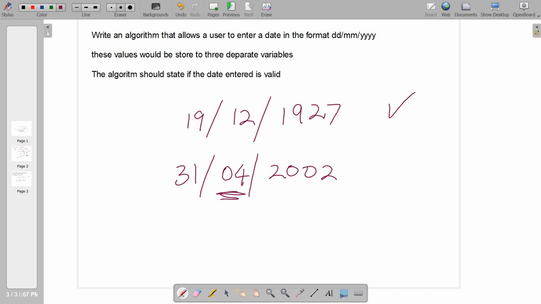April only has 30 days. We know the rhyme, right? 30 days are September, April, June, and November. February has 28 days clear and 29 in a leap year.